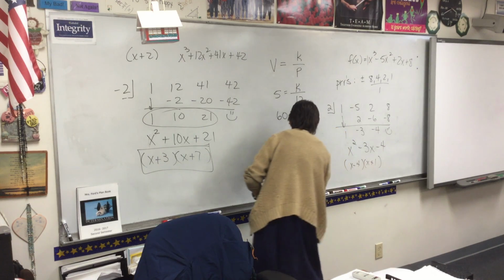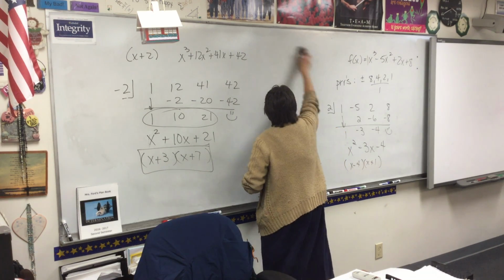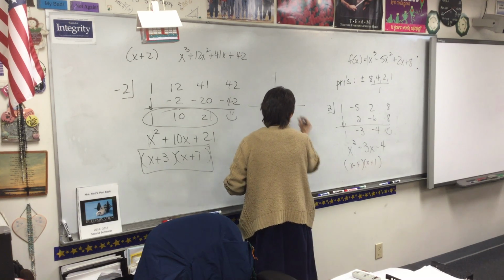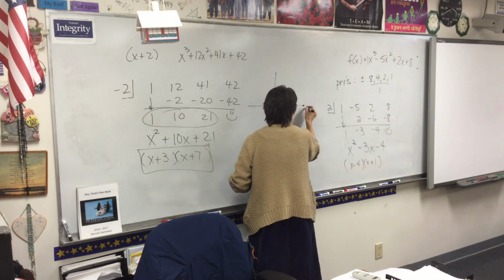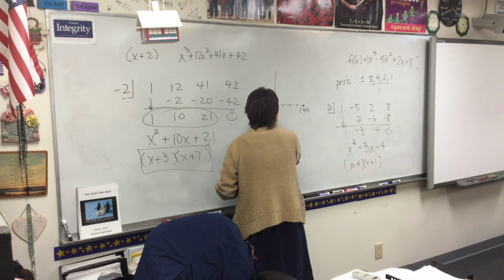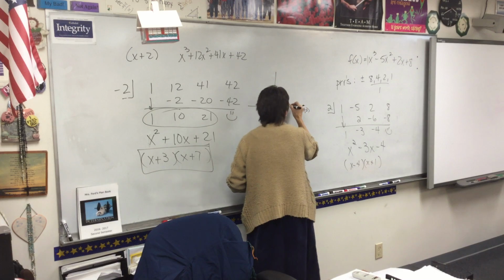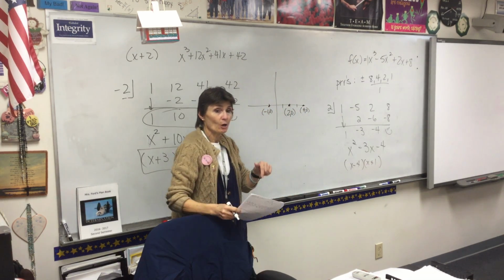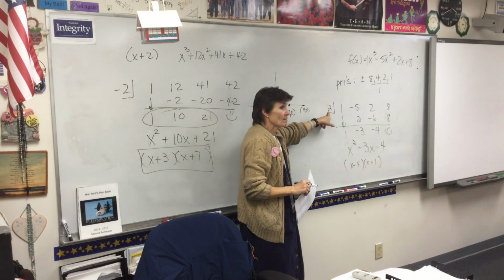So tell me about the sketch here. Where do I know my x-intercepts are? X plus 4. I'll have one at negative 4. X plus 1. I'll have one at negative 1. And x minus 2. At positive 2. Remember, the dot goes whatever's in the box.